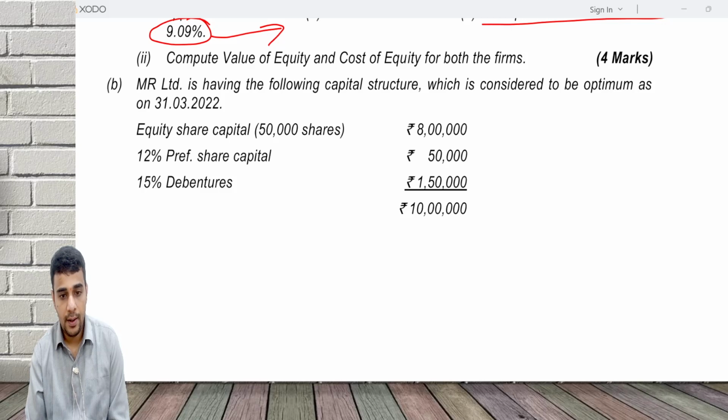This is on WACC or WMCC, weighted marginal cost of capital.